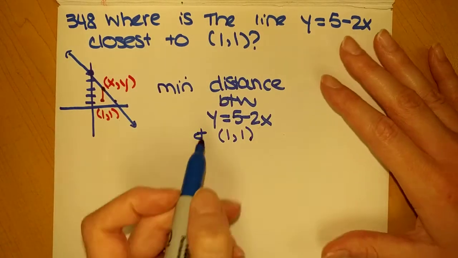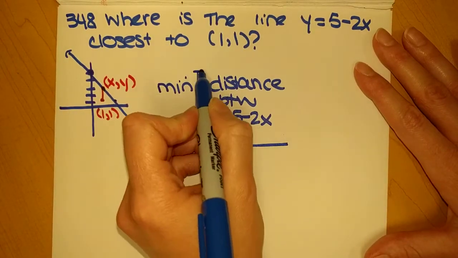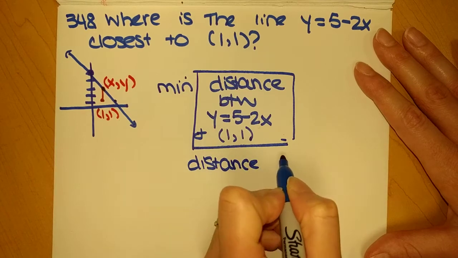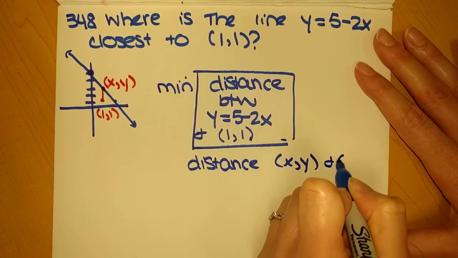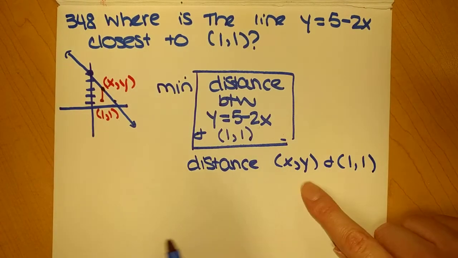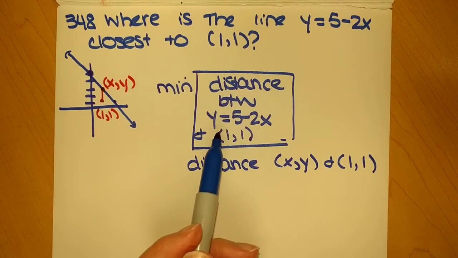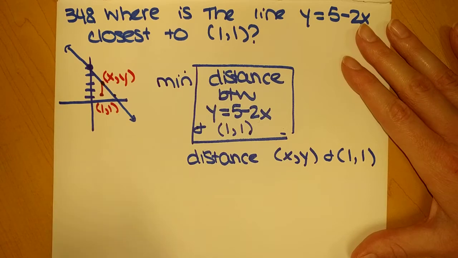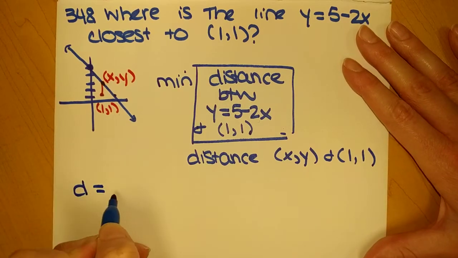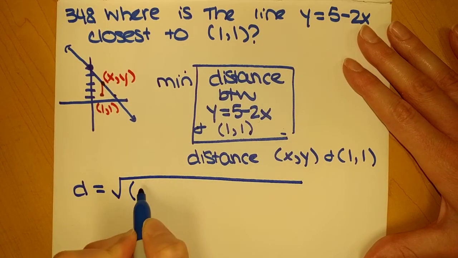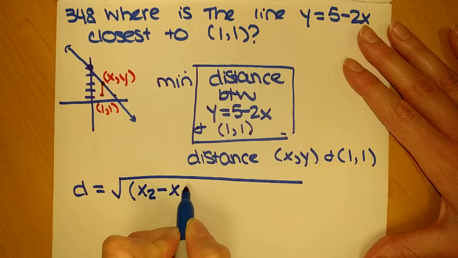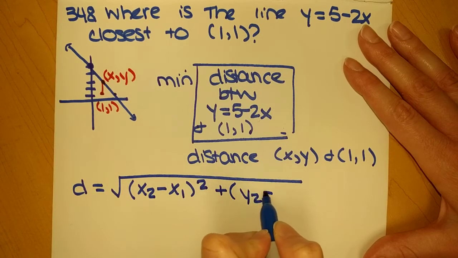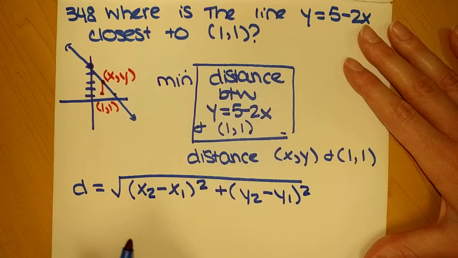And that question of minimizing the distance is really the same thing as minimizing the distance between (x, y) and (1, 1), where this y has a function definition of 5 minus 2x. So what we will do is write out our distance formula, which is the square root of, and remember, it's our x2 coordinate minus our x1 coordinate quantity squared, plus y2 minus y1 quantity squared.